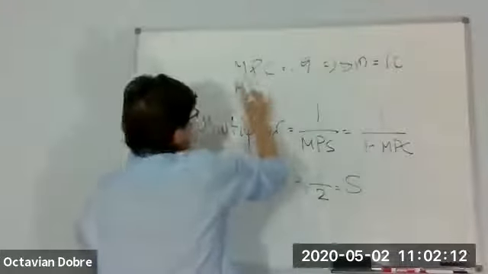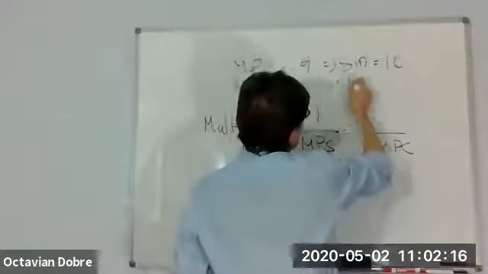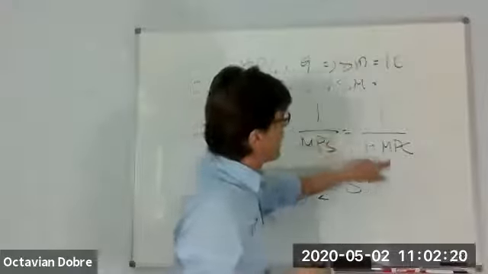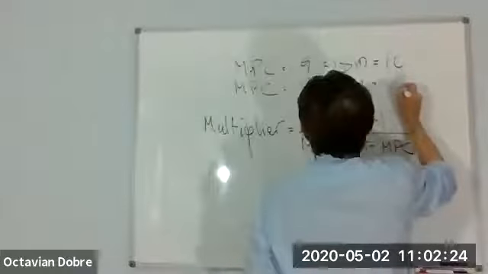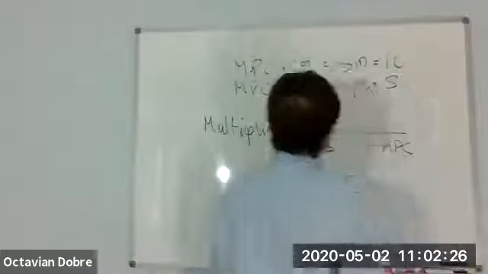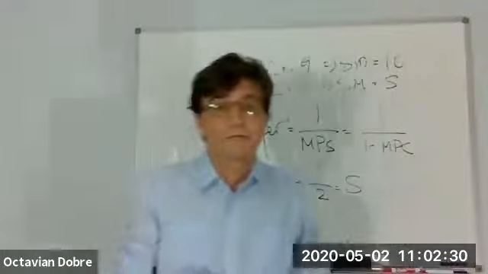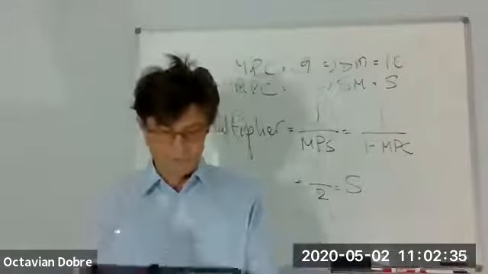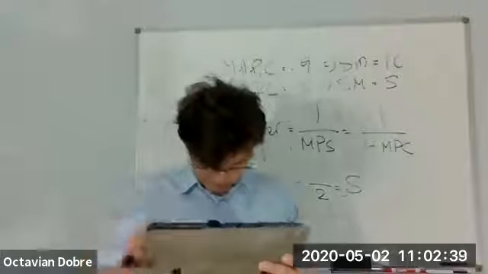And if the MPC is equal to 0.8, then the spending multiplier is equal to 1 divided by 1 minus 0.8 equals 1 divided by 0.2 equals 5. As you can see, if the MPC goes down, the multiplier goes down. So the answer is A.